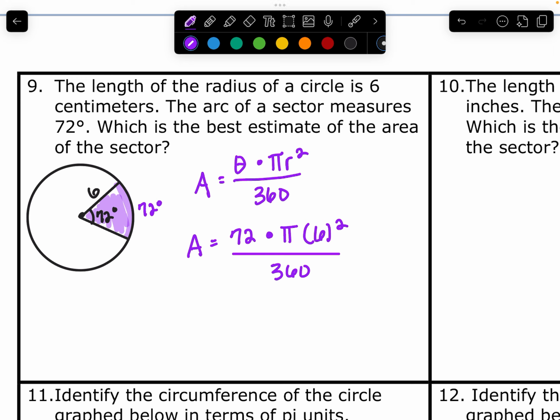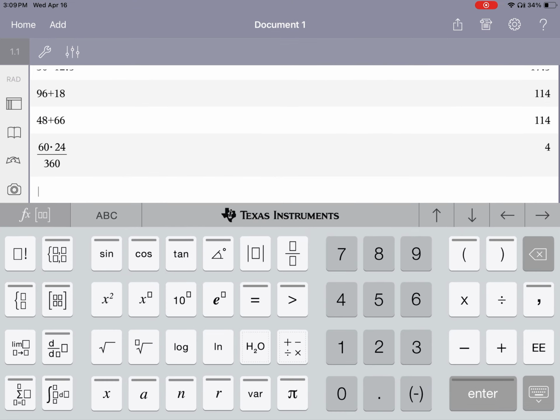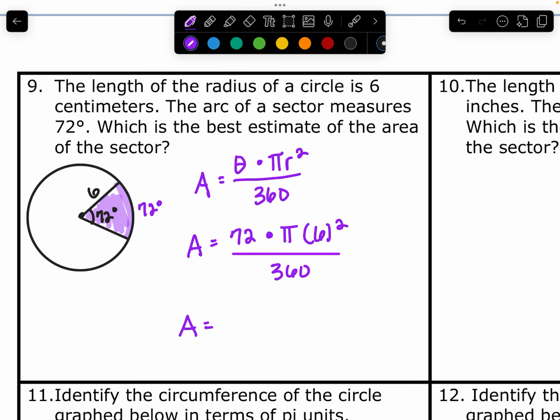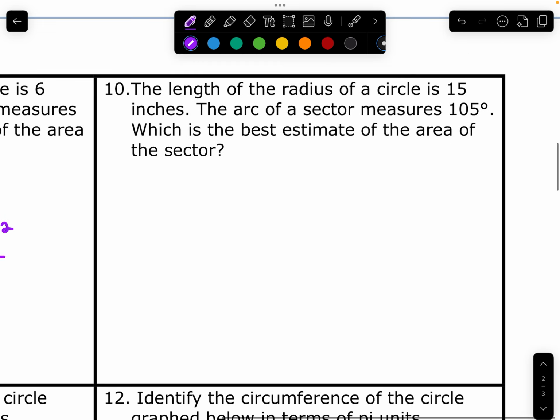And it says what is the best estimate? So that means our answer needs to be a decimal. So we can just put all of this into the calculator: times pi, radius squared over 360. And we get 22.6. Okay. Go ahead and try number 10.